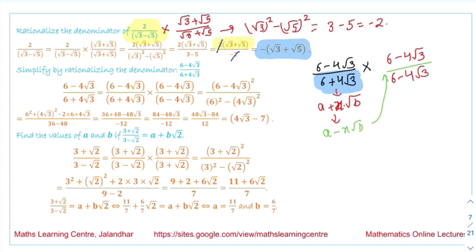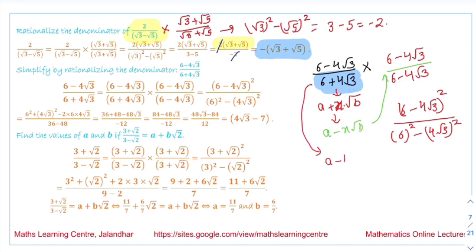Now in this case the numerator will become (6 minus 4 root 3) squared and the denominator will become 6 squared minus (4 root 3) squared. In the denominator, the formula we have used is (a minus b) into (a plus b) equal to a square minus b square.